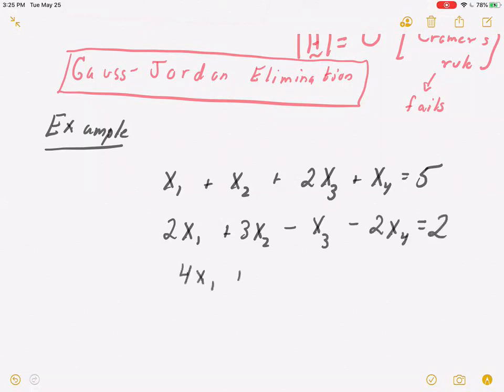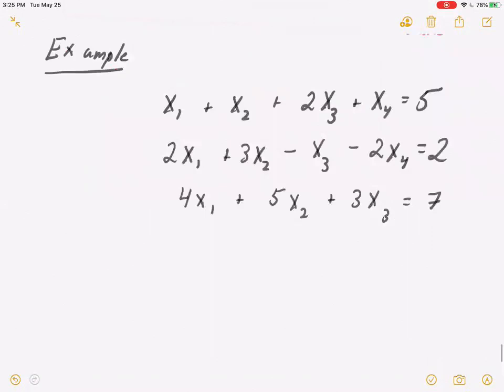So this is a problem that Cramer could not even begin to think about, because Cramer's rule only applied to the situation where the number of equations equals the number of unknowns. So in this problem, you have 3 equations and 4 unknowns.